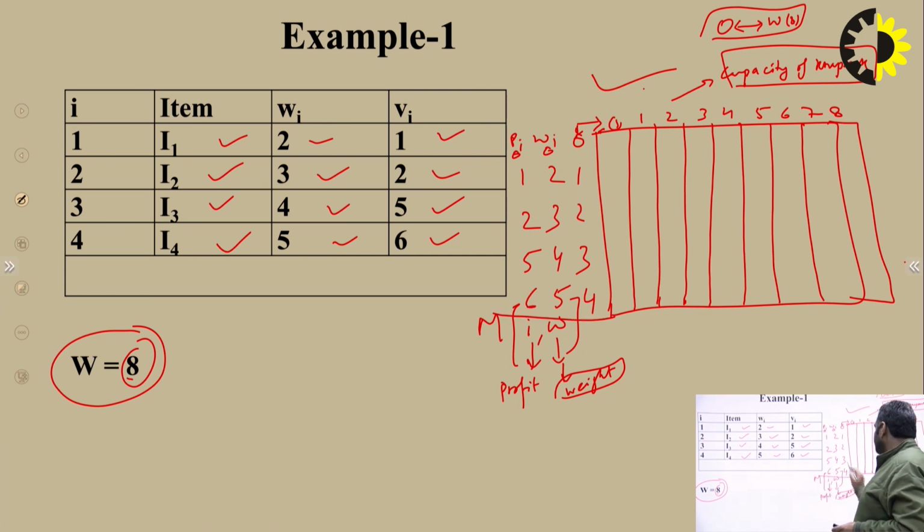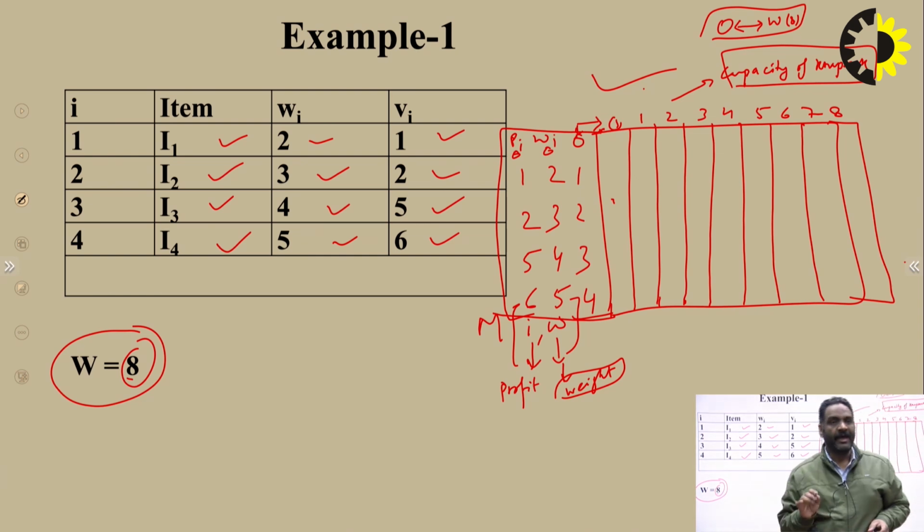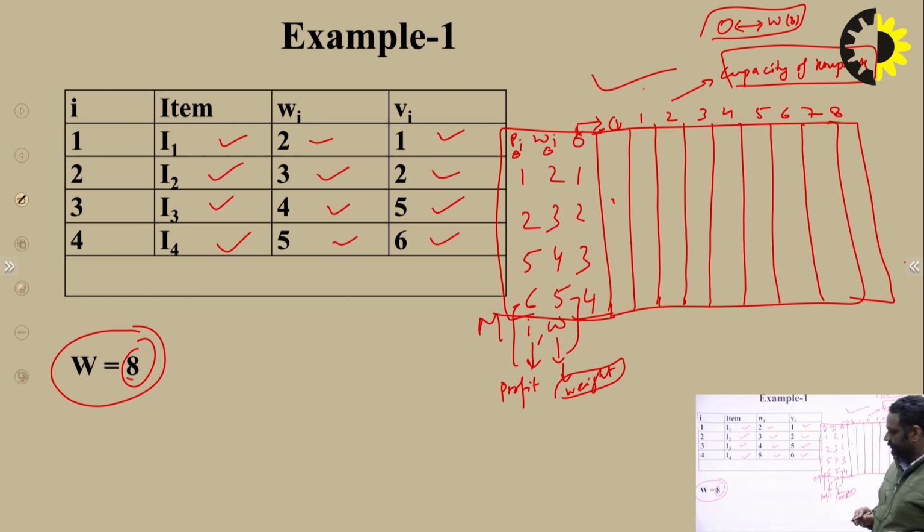So these are our initial empty matrix. In the first case, when we are not including any item in our knapsack, weight remains 0.